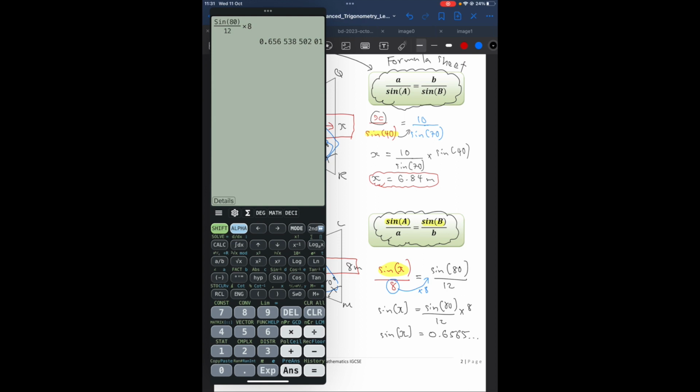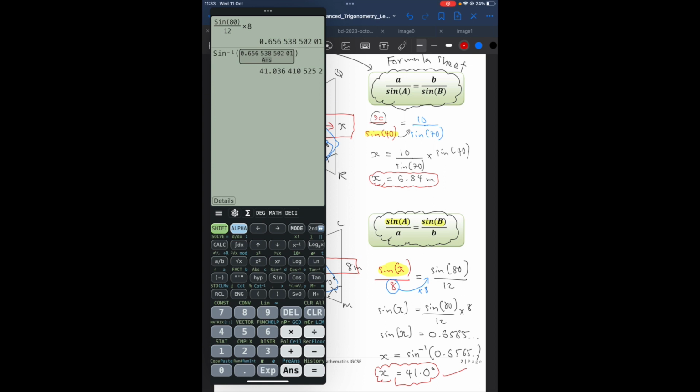Now I'm going to keep that to 4 decimal places, but remember, we can use the answer button to work out the inverse sine. So if I press shift sine, answer, and then close bracket, I get the value for x as being 41.0 degrees. And that is the angle that I wanted to work out. So x is going to be 41.0 degrees.